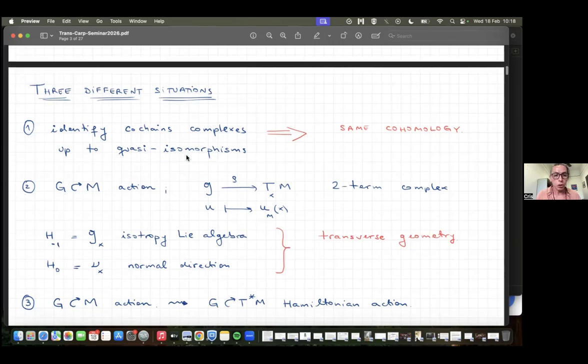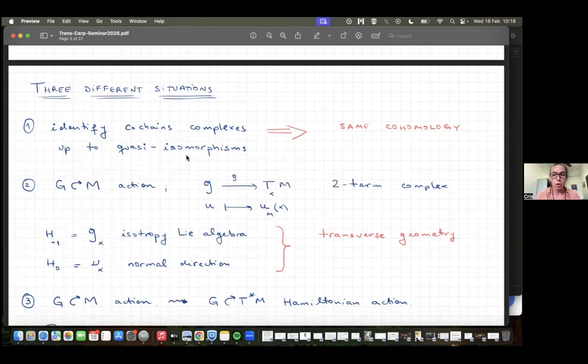The second situation is more geometric. One has a Lie group G acting on a manifold M, and whenever we fix a point x in the manifold, one has a linear map rho, which essentially takes an element of the Lie algebra of G and gives you the infinitesimal generator at the point x.